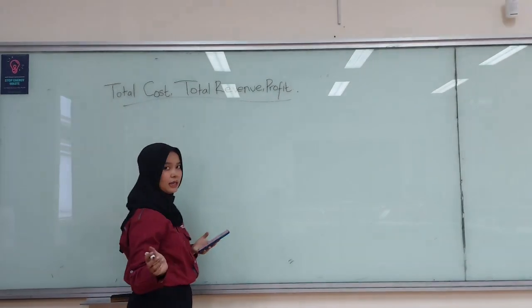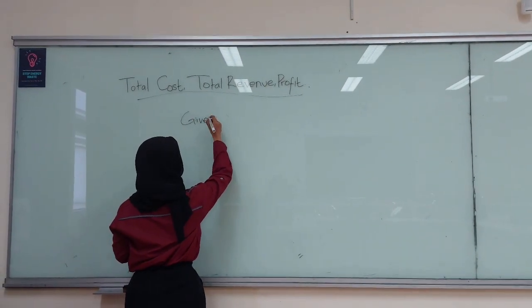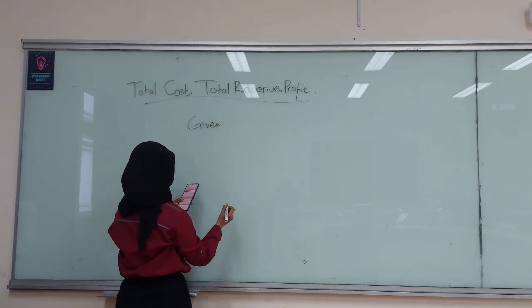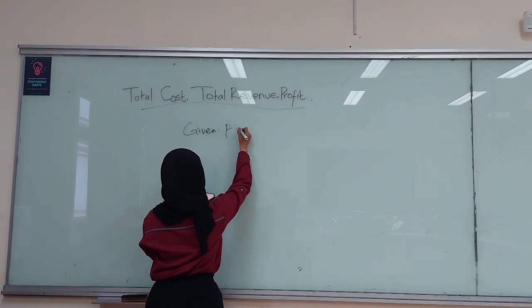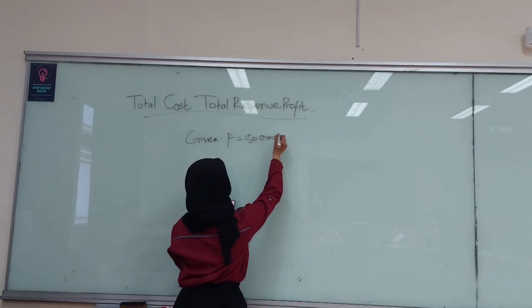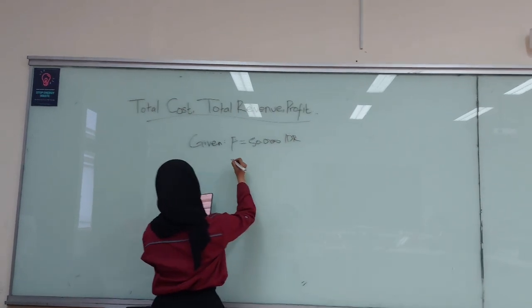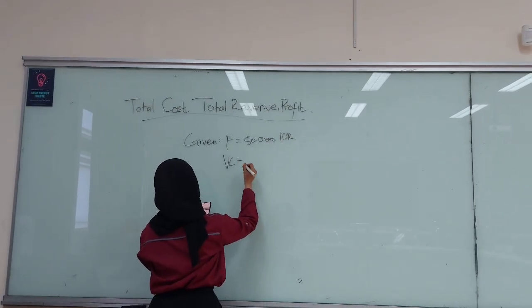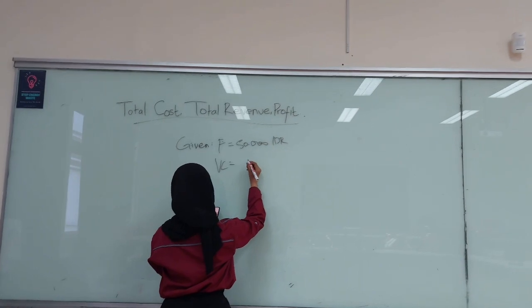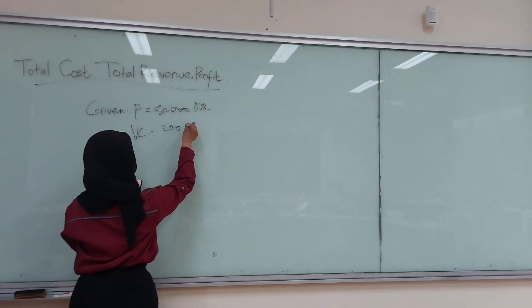So let's define it. The fixed cost is 50,000 rupiah, and the variable cost is 200Q.